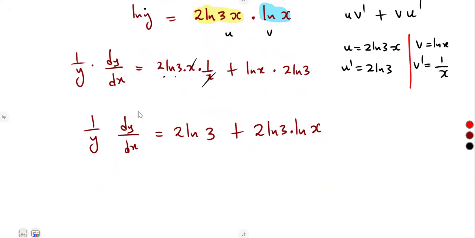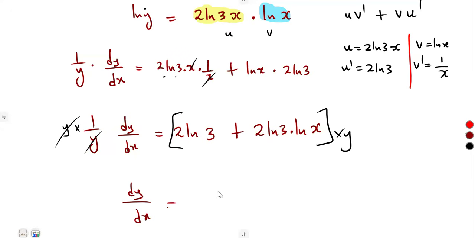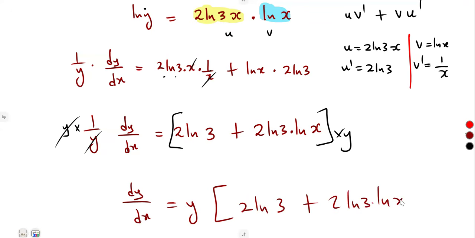We want dy dx, remember, not 1 over y dy dx. So we must get rid of this y that we see. So multiply by y both sides of our equation. That was going to cancel and give us what? dy dx, which is y times this whole bracket that we see here, 2 ln 3 plus 2 ln 3 times the ln of x.